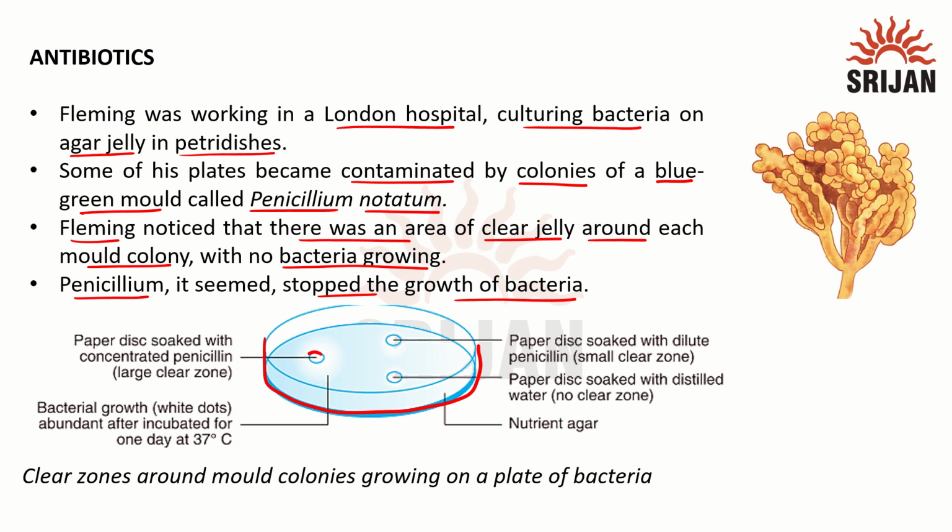Here we can see a disc soaked with concentrated penicillin, and around it is a large area where it is very clear. The bacterial growth, which is abundant white dots, disappears because the penicillin was incorporated. Clear zones around the mold colonies growing on a plate of bacteria can be seen.